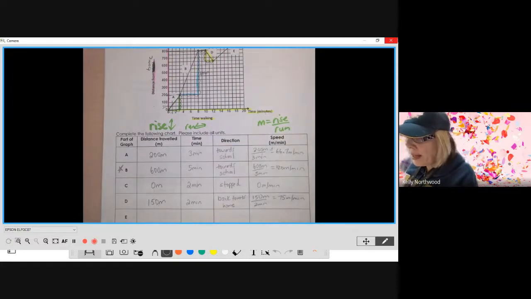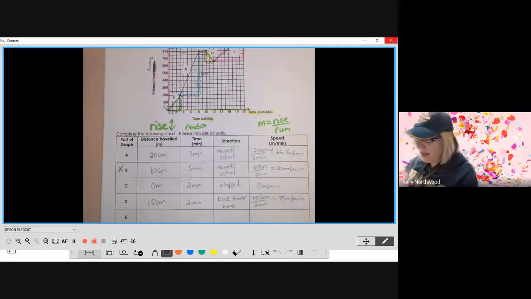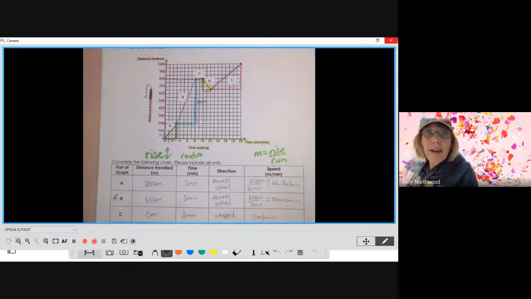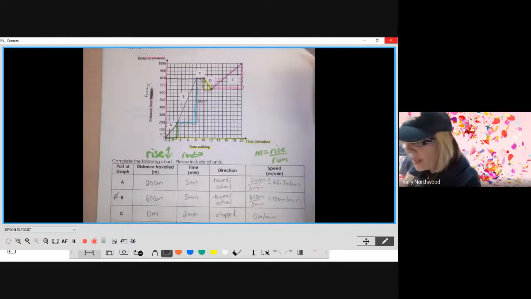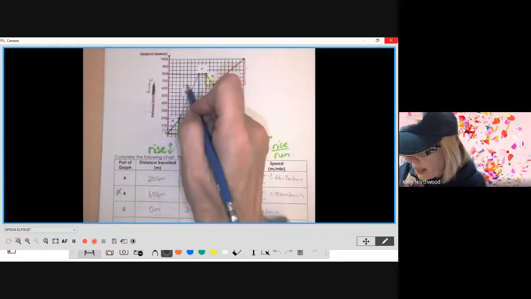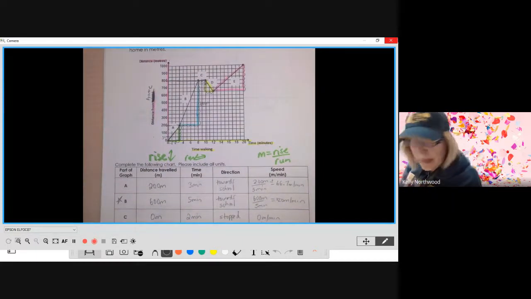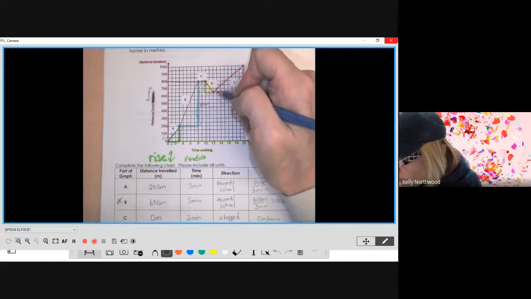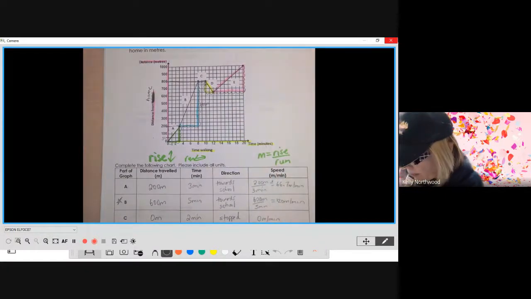And then for part E, again, we're going to make our rate triangle. So the rise, we go 50, 100, 150, 200, 250, 300, 350. Let me see if that makes sense. Yep. Oh no, 650 to 1,000. Yes, that is 350. So that's right. And then our run, we go by 1. So 1, 2, 3, 4, 5, 6, 7, 8 minutes.